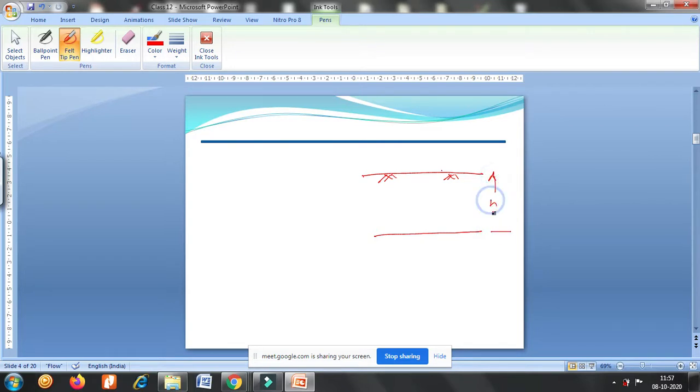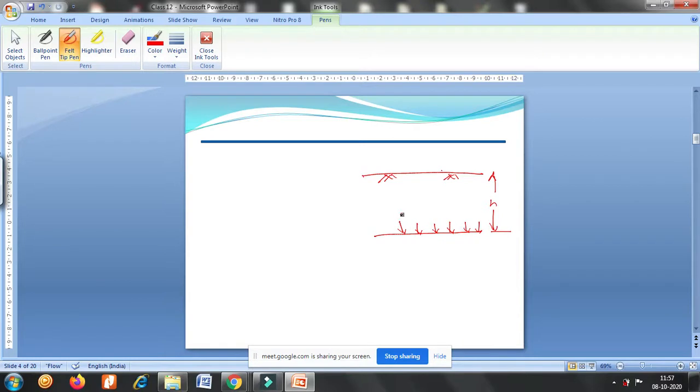Say that this depth is h. That means we want to find out the stress given by this portion of the soil, from the ground surface to this line. The stress given by this portion on this line is the total stress.